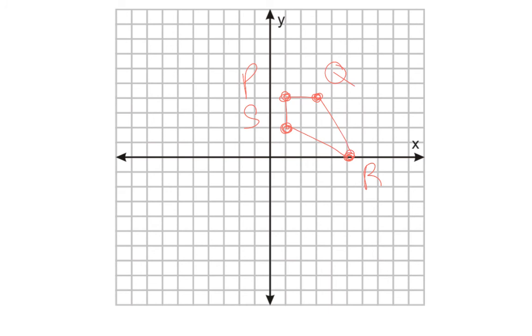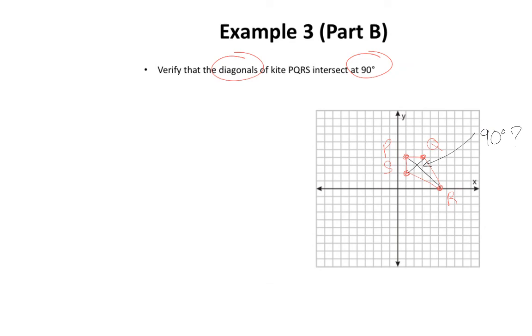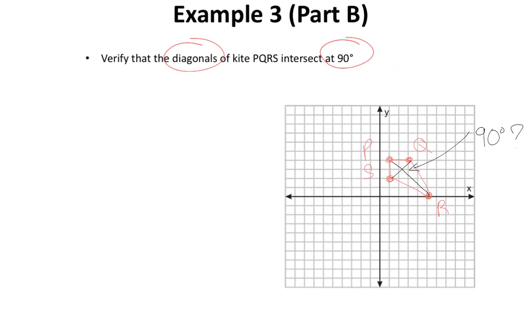We want to verify that the diagonals of a kite meet at a 90-degree angle. Let's start formulating our strategy. I'm going to zoom out to create a little bit more space for myself.